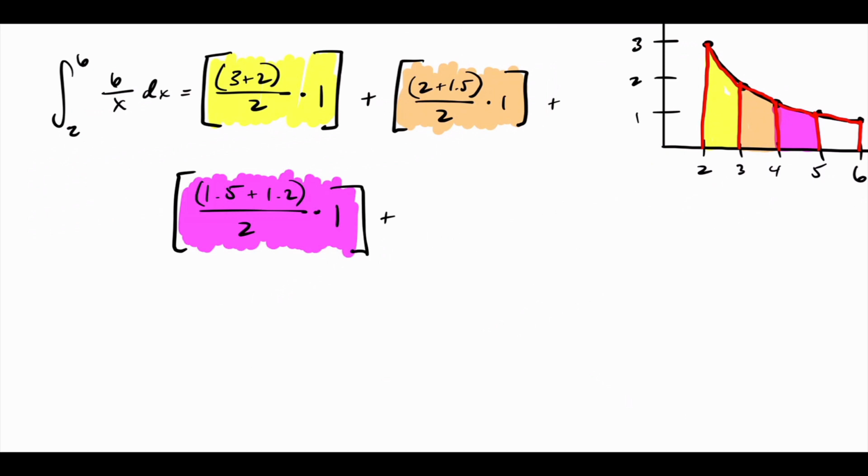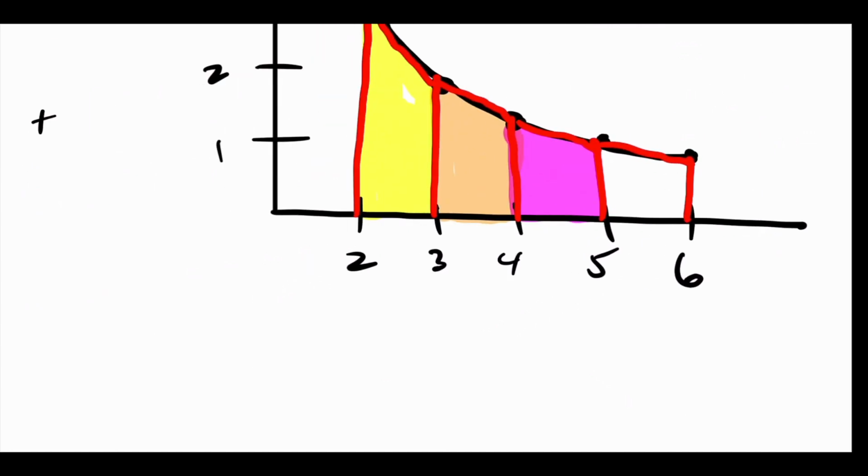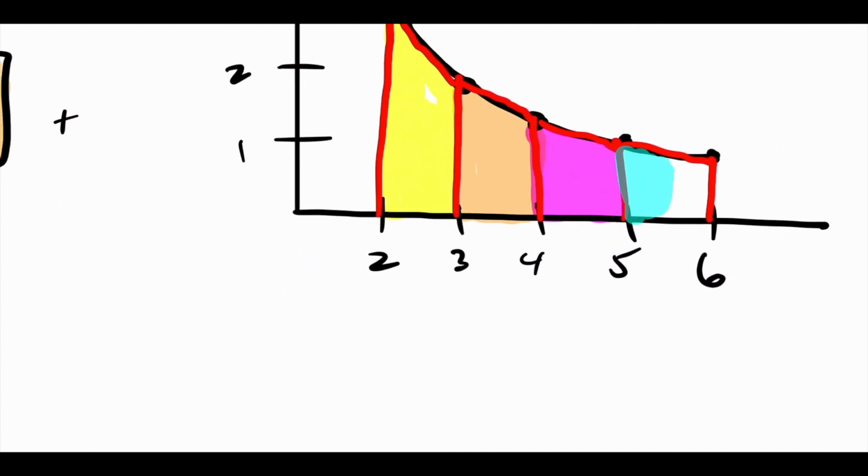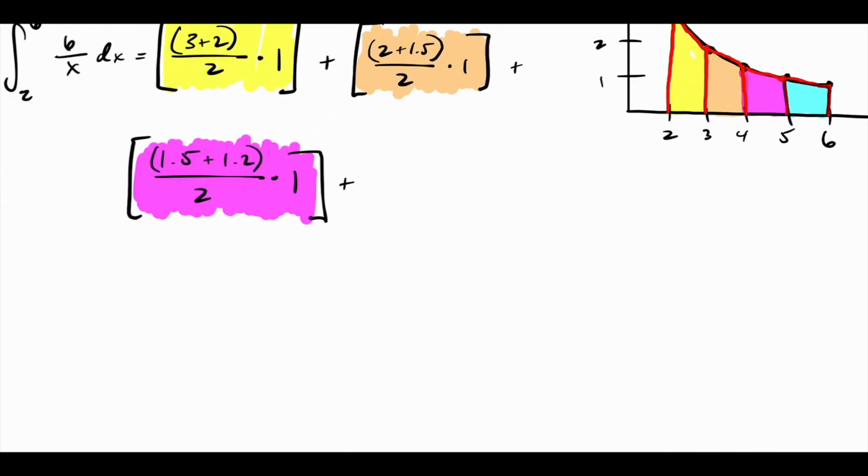Last one is this guy right here. So this guy is going to have base 1, 1.2. Base 2 is just 1. So 1.2 plus 1 divided by 2 times the width.